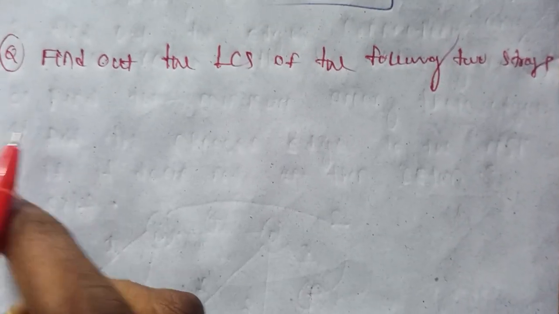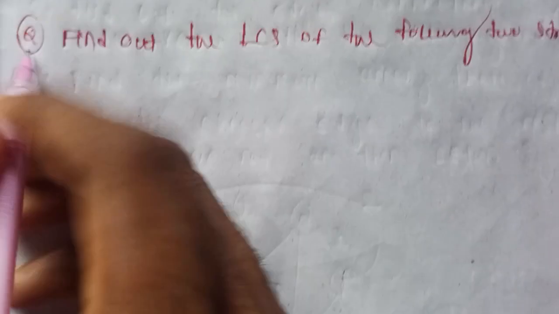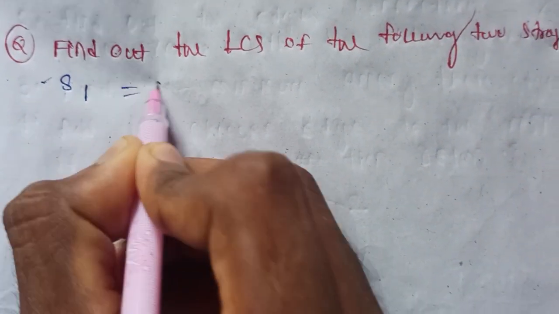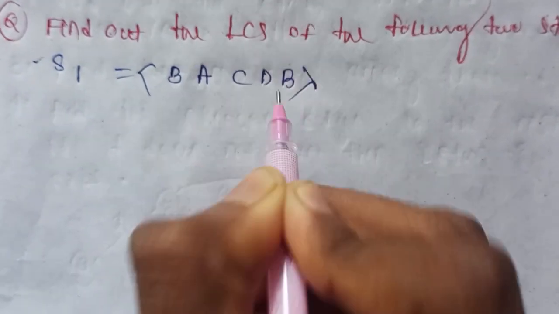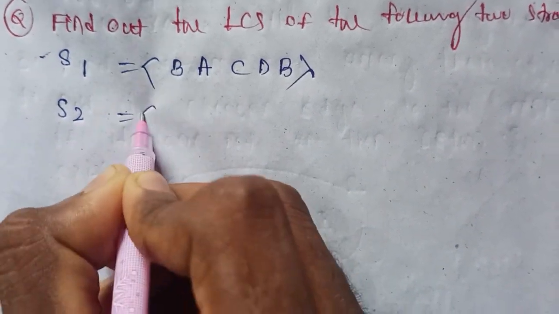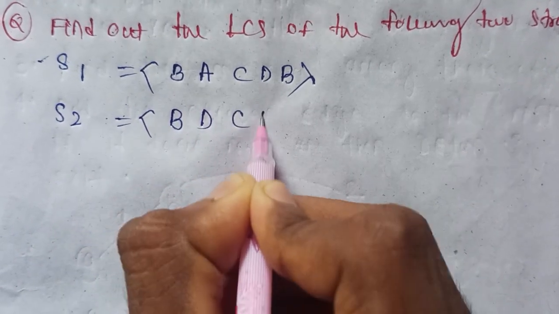Here string 1 is B, A, C, D, B, and string 2 is B, D, C, B.